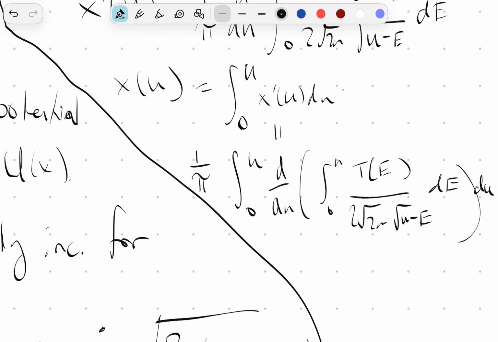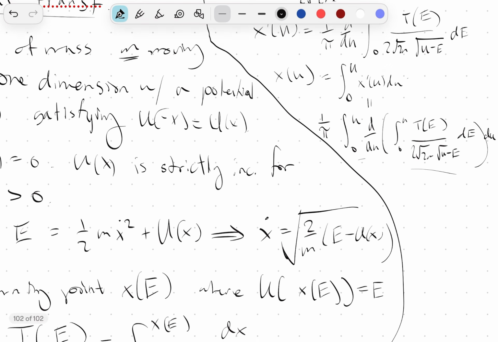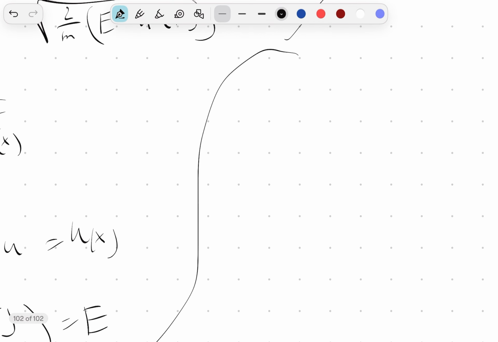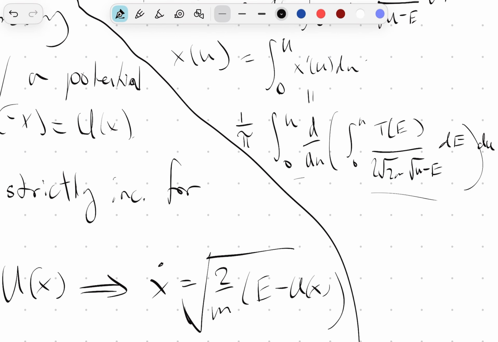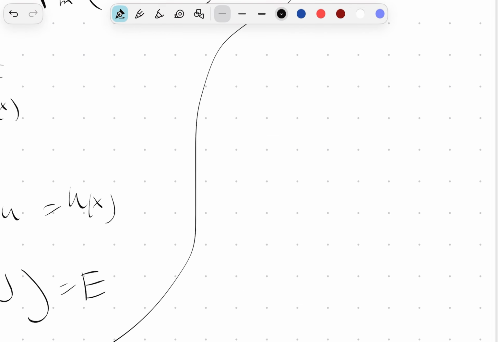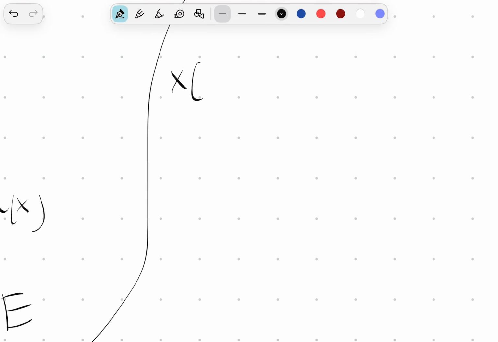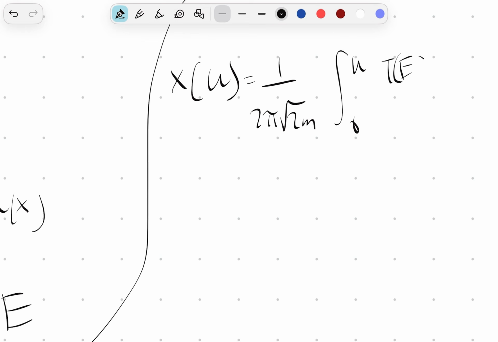And then if you use the property that the integral of the derivative of a function of the upper limit is just the function itself, because, fundamental theorem of calculus, it's high school, you should be able to show that, with an appropriate boundary term that of course vanishes because the upper integral goes to 0, you now will be left with this Abel inversion formula, which says that x of u is 1 over 2 pi square root of 2m, integral from 0 to u of T of E over square root of u minus E, dE.